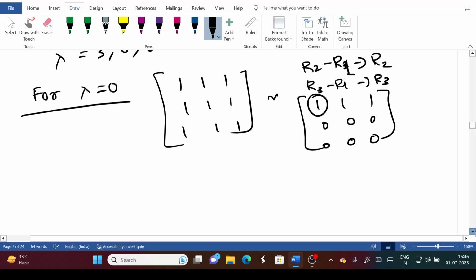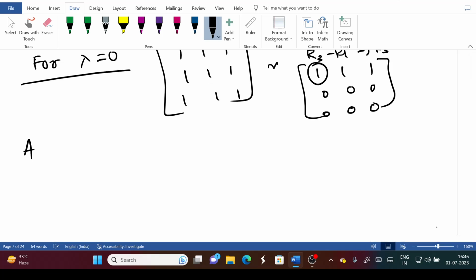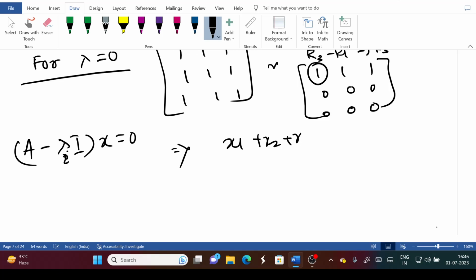Okay, so what about the equation? (A minus lambda I) X equal to 0, with lambda equal to 0, implies x1 plus x2 plus x3 is equal to 0, and x2 and x3 are free. Taking (1, 0) and (0, 1) for the free variables, x1 is minus 1 in each case.